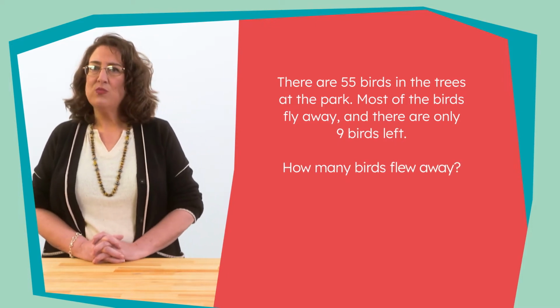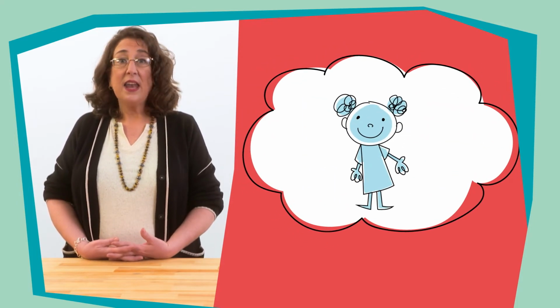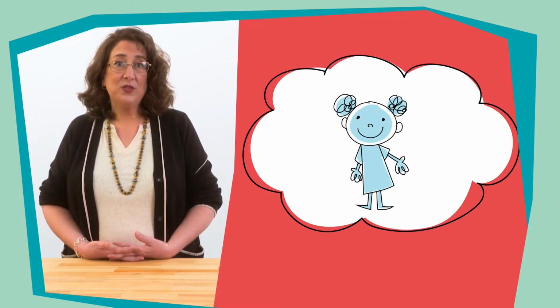Let's think about this word problem. When I solve word problems, I like to think about what's going on in the story before I try to find an answer. Sometimes I even imagine myself or people I know in the story. I have a friend named Moesha, and I know that she loves animals.